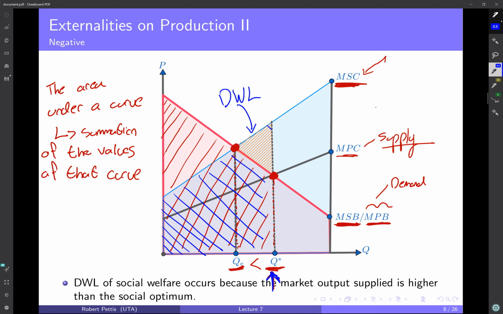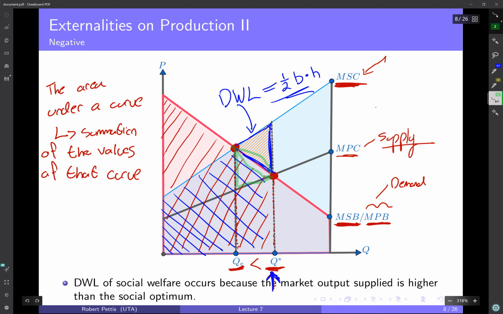Okay, and of course, as we've seen before when we've been wanting to calculate deadweight loss, this is a nice, pretty triangle, right? So we can use one half base times height to calculate our deadweight loss. But notice there's all these other things that look like triangles in our graph.